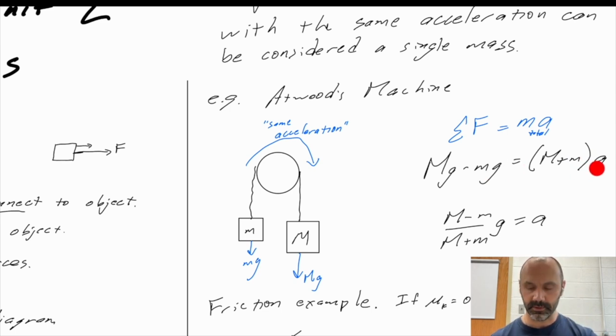Now it's really simple to solve and get the Atwood machine formula. It all just comes out of forming one equation, and then you solve for what you need. So pay attention to systems, because that will dictate how you can set up Newton's second law, and sometimes you can manipulate things to make it simpler to solve.